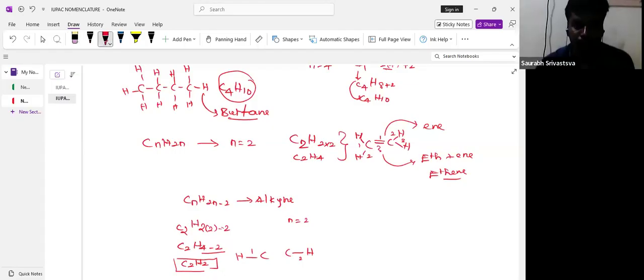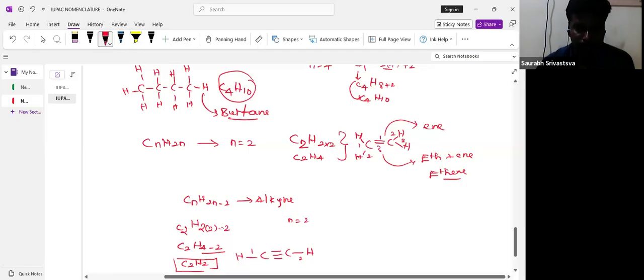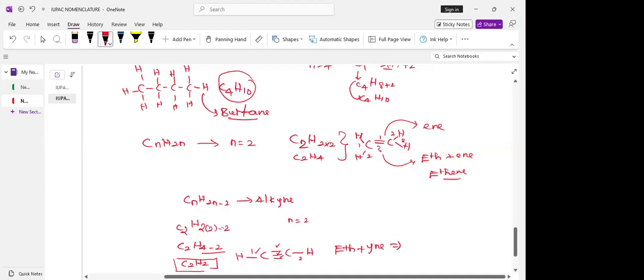In between the carbons, we have to draw the first bond, second bond, third bond. Now carbon valency is completed. The root word is eth, and since the triple bond is present, you will write YNE. Then the name of the compound is ethyne.